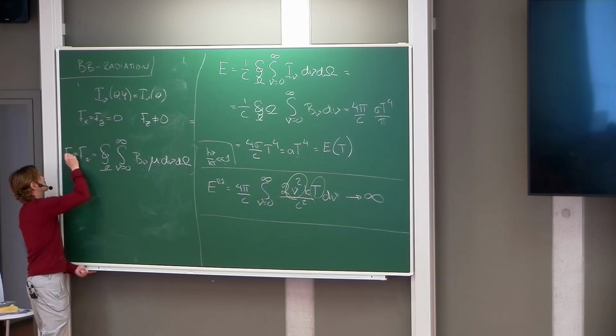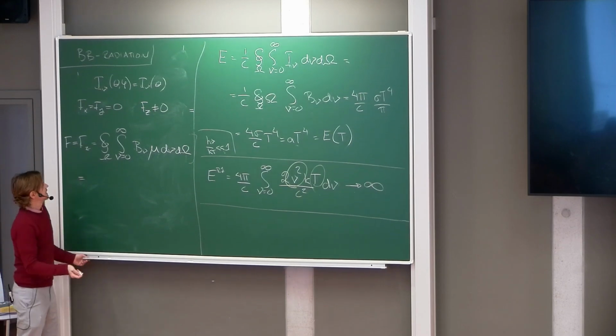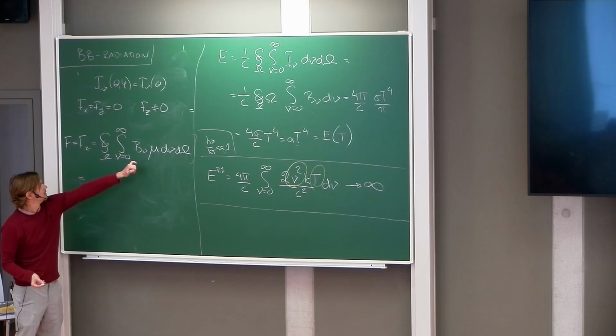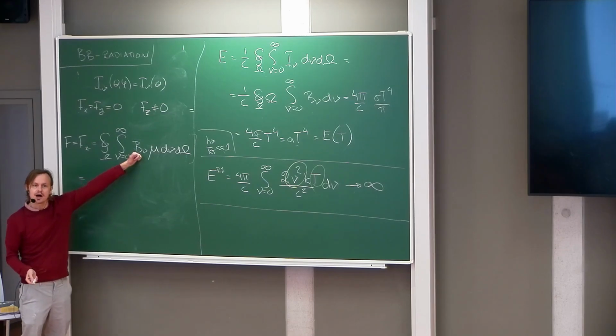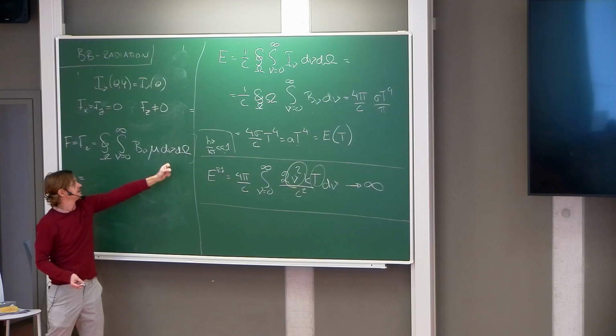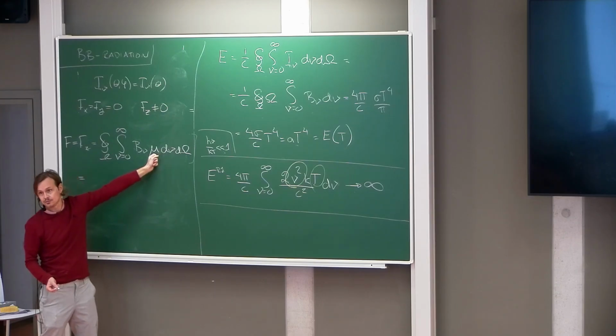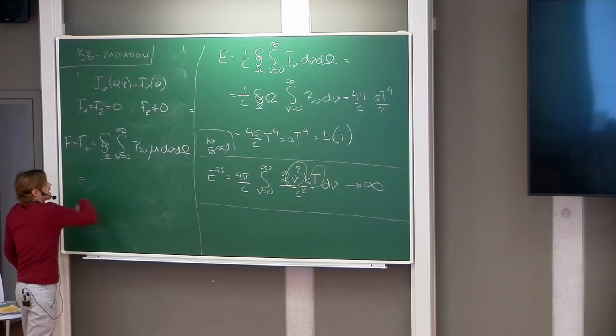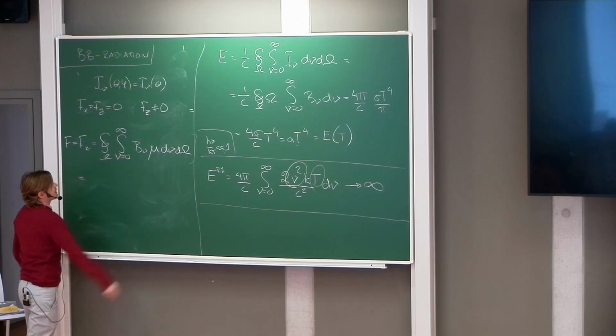This is also then what we typically call the flux, as discussed. So again, B nu is not a function of phi, but it's also not a function of theta, that is, it's not a function of mu equals cosine theta. So we can again take that, separate the integrals.